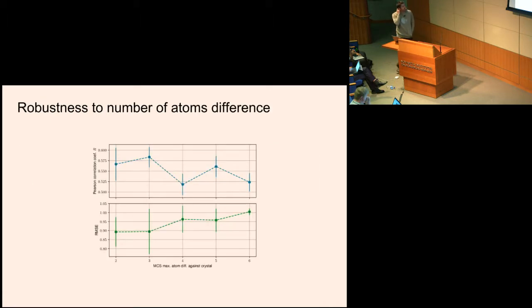And this is the performance we get. What this plot shows is Pearson correlation and RMSE, depending on how much we perturb the ligand between one pair and the other. So what's the perturbation that we're trying to look at. In the case of 2-atom difference, 3-atom difference, 4-atom difference, 5-atom difference, 6-atom difference, the more you go to the right, the more difficult it is to predict the value.